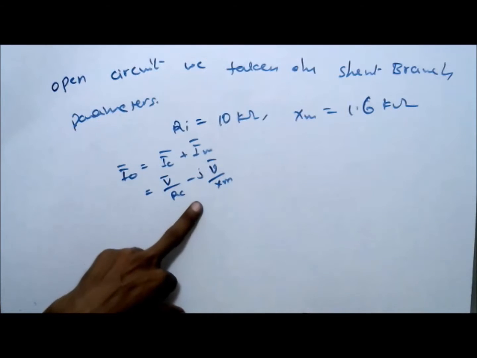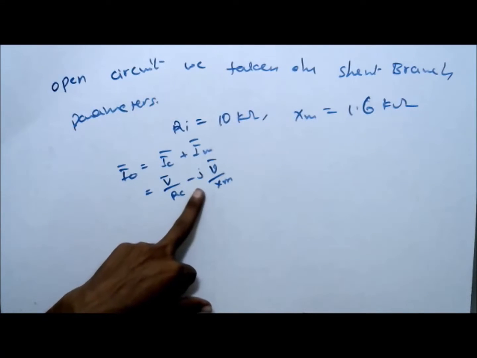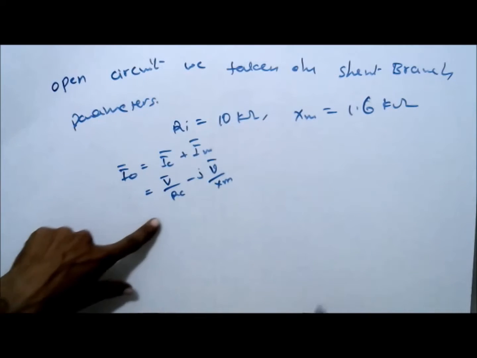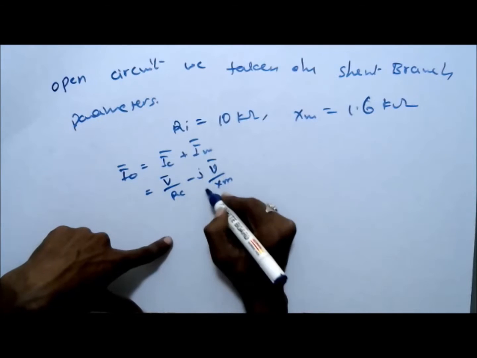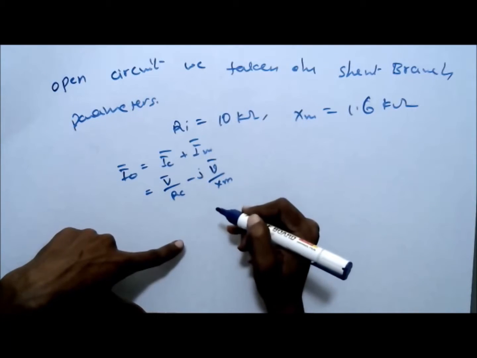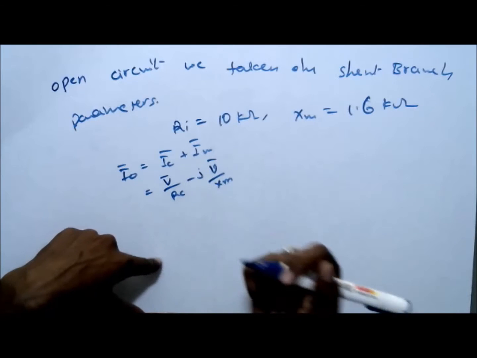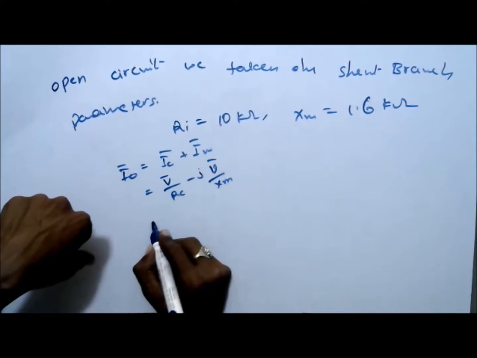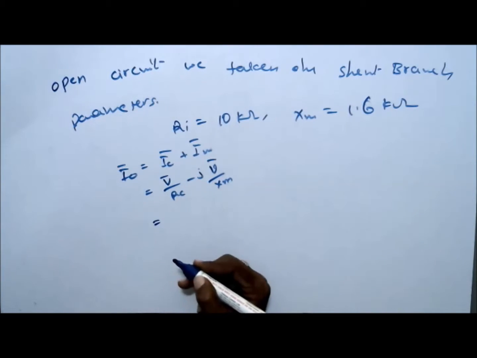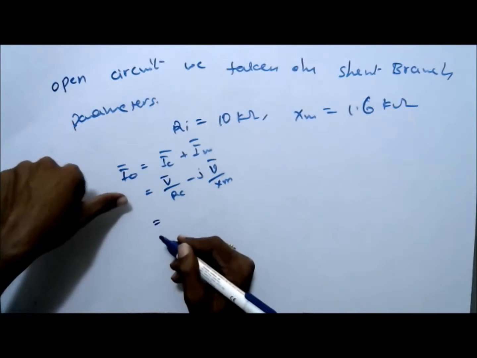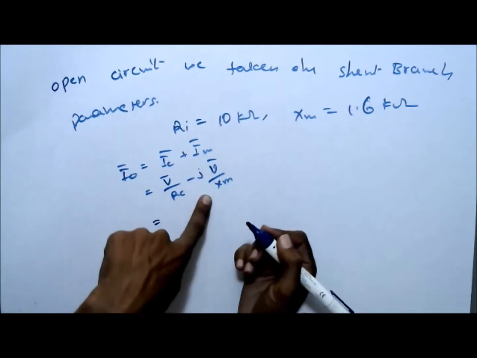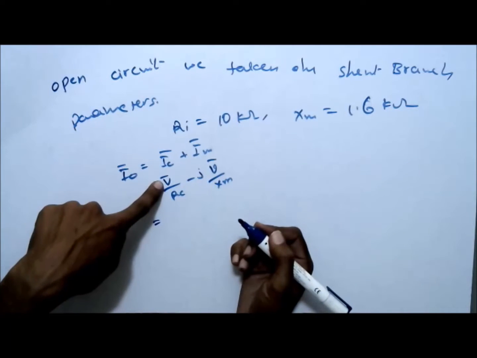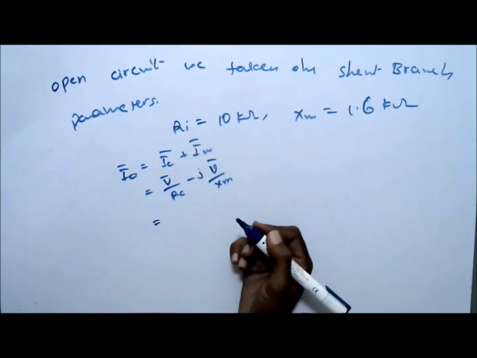Understand this current. Here J is in XM, so multiplying on both sides, J will become minus J. Now we know V and RC, V and XM. In the open circuit test, we get the rated voltage at the low voltage side. So what is the low voltage side?